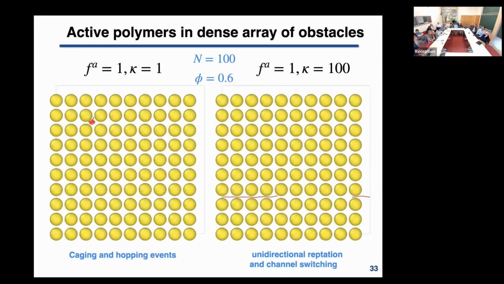And here I show you the results for the case of a strong confinement, 60% packing fraction. And here we see, as you expected, very distinct dynamics for the flexible chain.